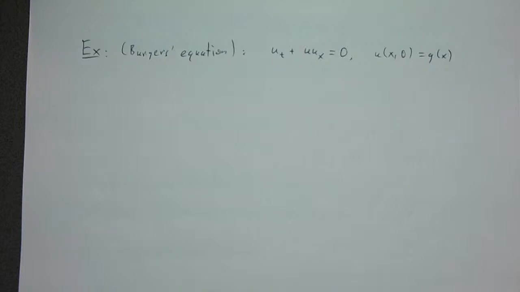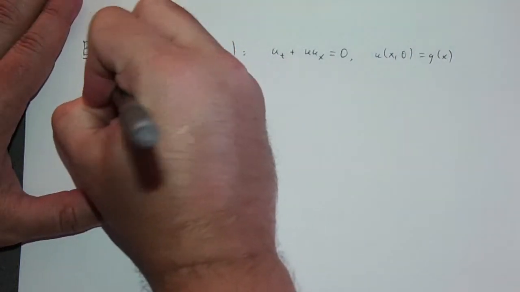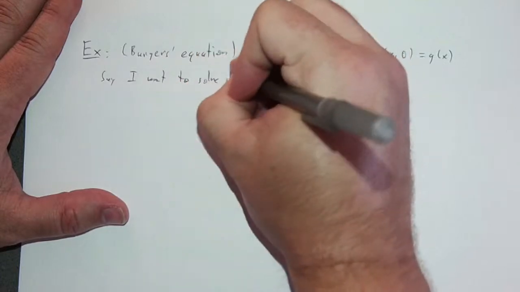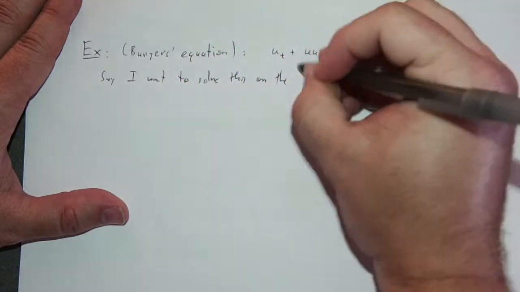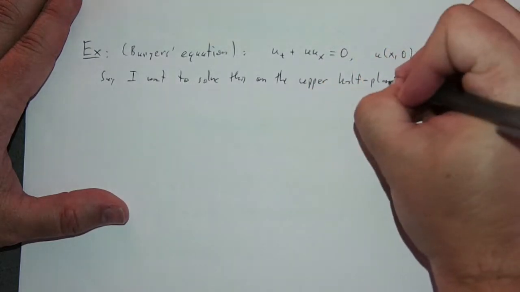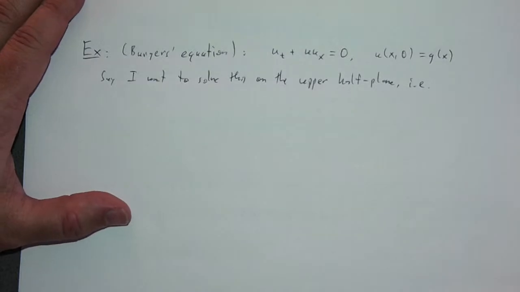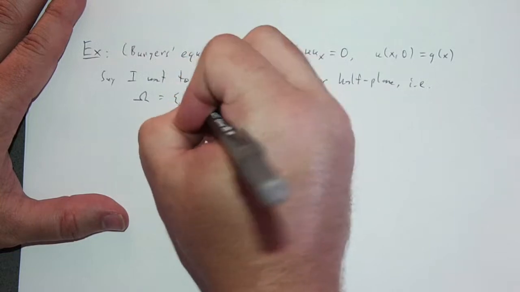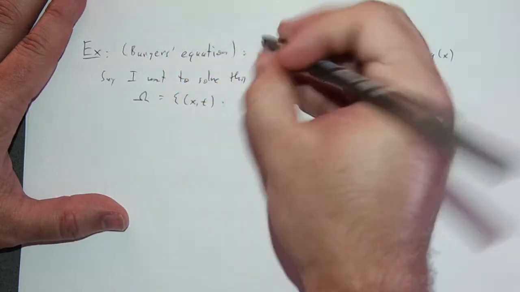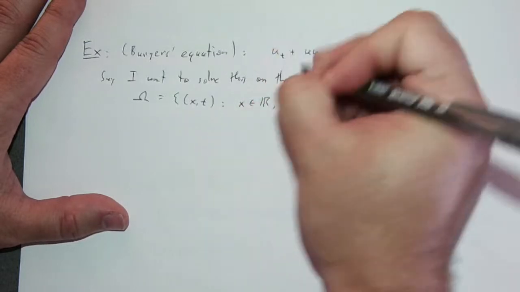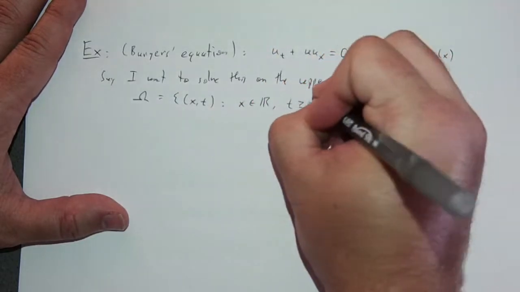Say I want to solve this on the upper half plane, i.e., we'll say that omega is the set of ordered pairs (x, t) such that x is a real number, so x can be whatever, and t is greater than or equal to 0.